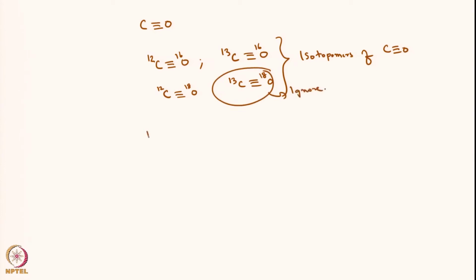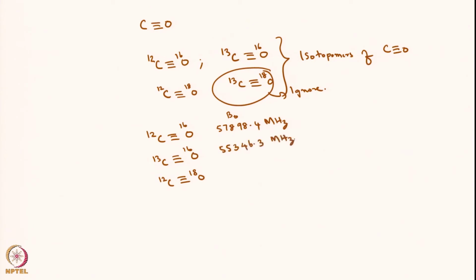So, for 12CO16, 13CO16, and 12CO18, the B naught in hertz is given by 57898.4 megahertz, 55346.3 megahertz, and 55135.3 megahertz.